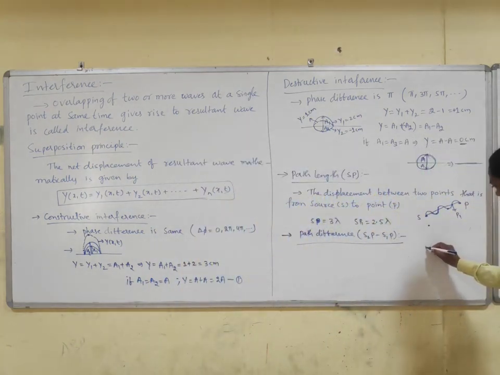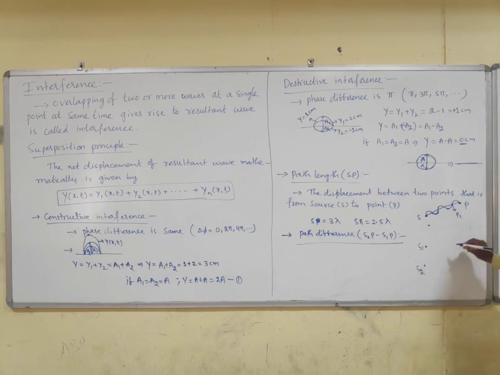First let us take two sources, S1 source and S2 source, and this is a point P. Here how many waves are we taking? 1, 2, 0.5. So S1P is equal to 2.5 lambda.